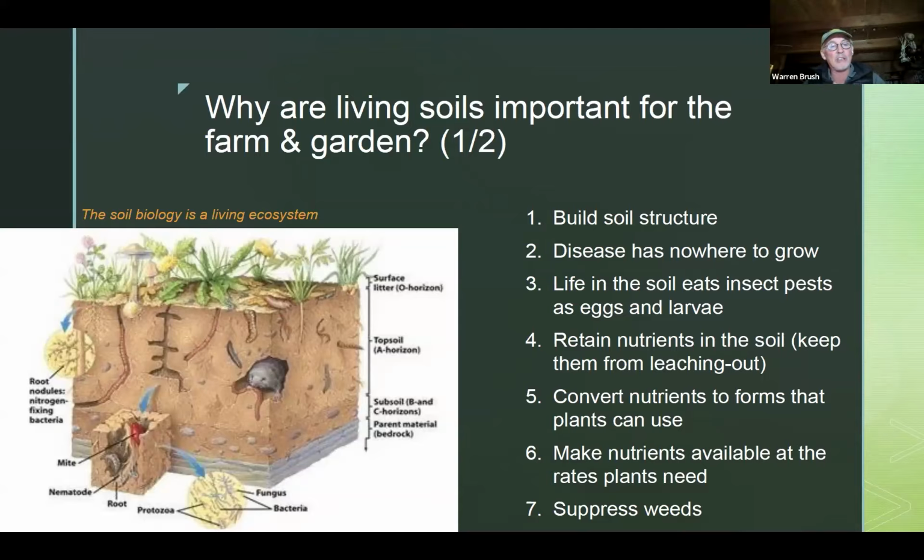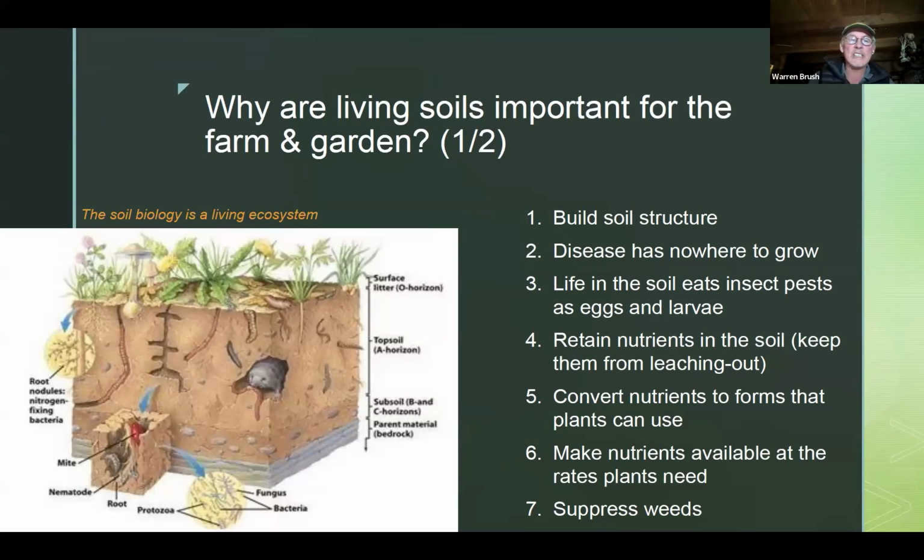The life in the soil also eats insect pests as eggs and larvae. So the insect pests that we usually see cause damage, a lot of the leaf eaters that grow from eggs and larvae in the soils, get eaten by the healthy soil biome and actually become nutrient that feeds the plants rather than something that destroys them.